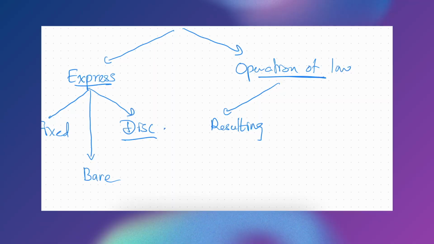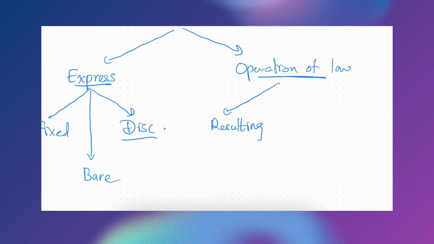Let's say the trustee is told to give 10,000 to my best friend A. Now when the trustee looks for A, A can't be found. A is not around. A is dead. So then what happens to the property? Equity says that the trustee cannot keep the property because that would be unjust enrichment. So the trustee will return the property on a resulting trust back to the settlor.